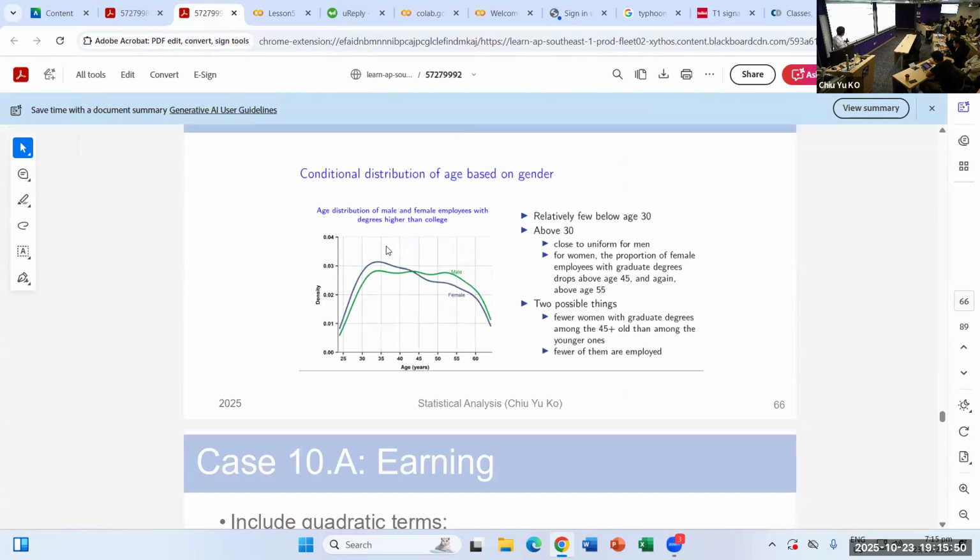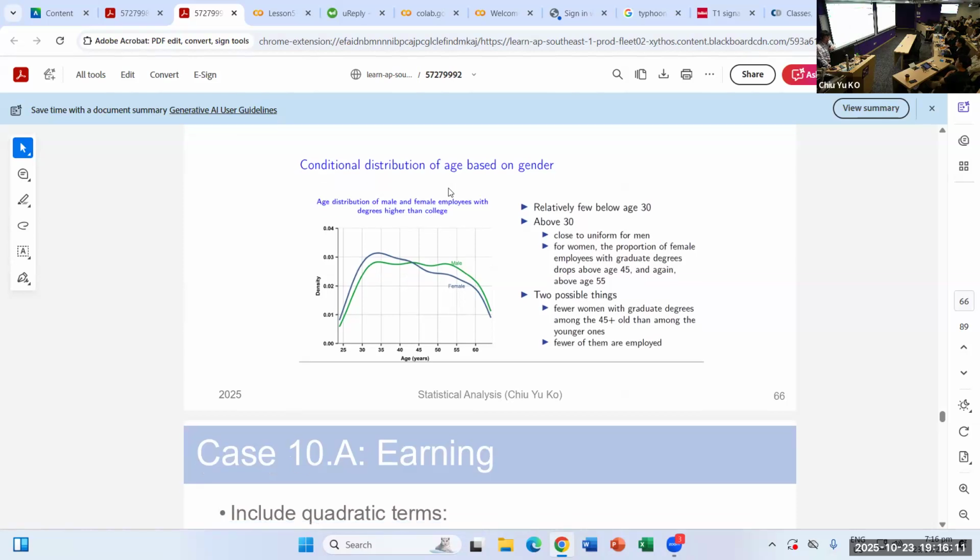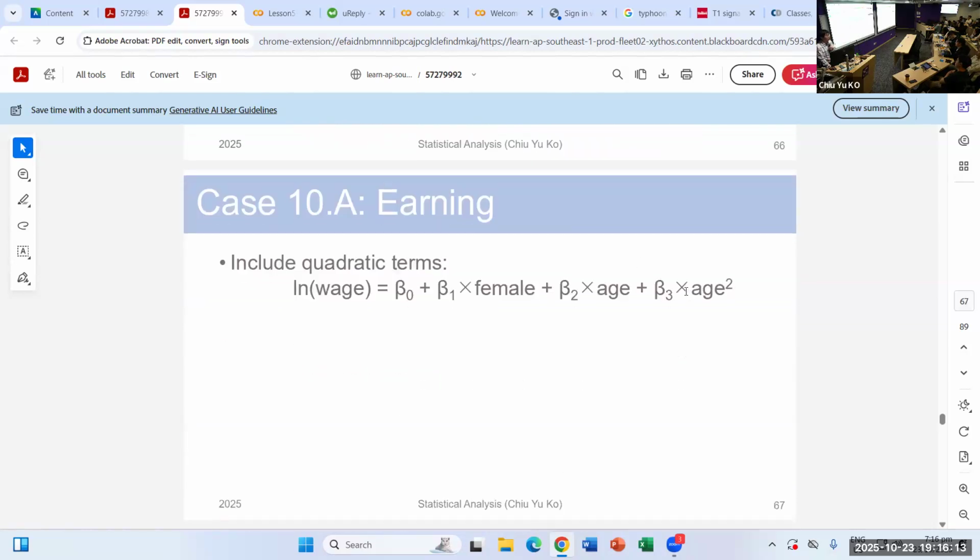Because when you look at the data, as we see, age distribution is not uniform. There's a lot of people actually in the middle, and it's not linear. So this is a contradiction, right? The age distribution. That's why it would allow us to think about age square.